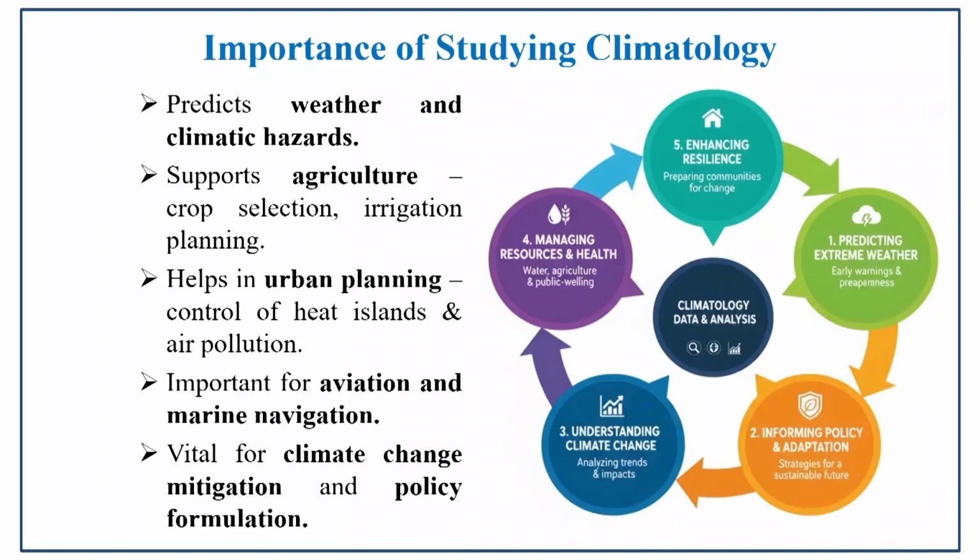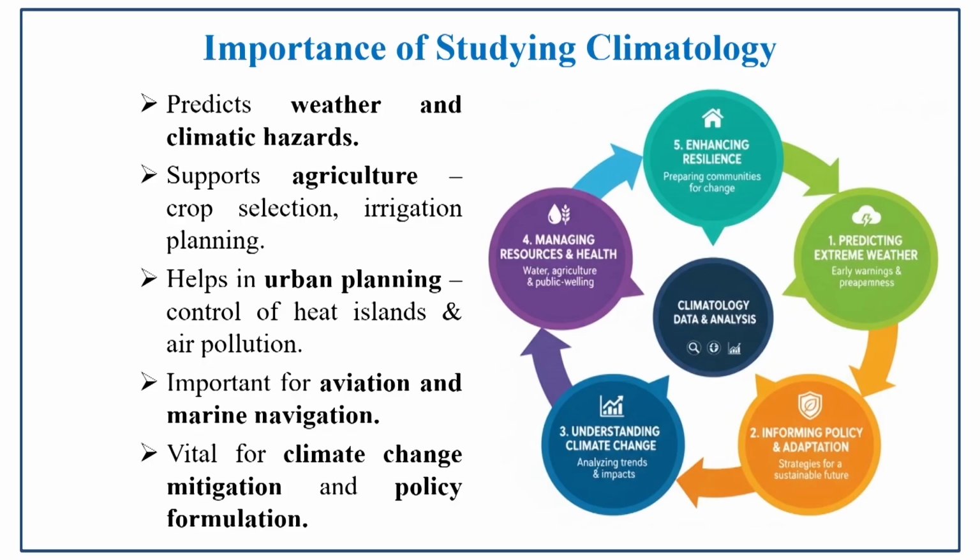Next one is the importance of studying climatology. Why? What is the need for the study of climatology? Climatology helps us to predict weather and climate hazards, and it also supports agricultural activity: in which season which crop has to be grown, what crop has to be selected, whether irrigation is needed, or how far we can plan that agriculture.